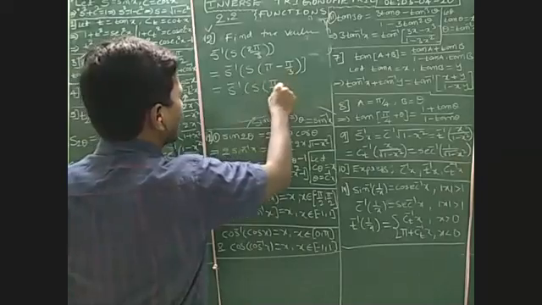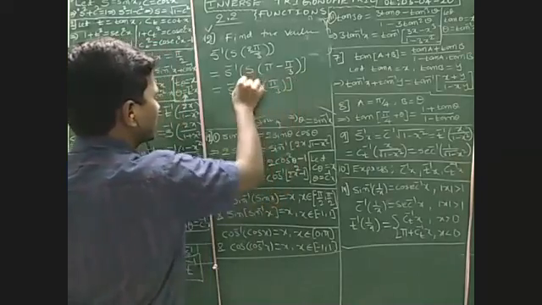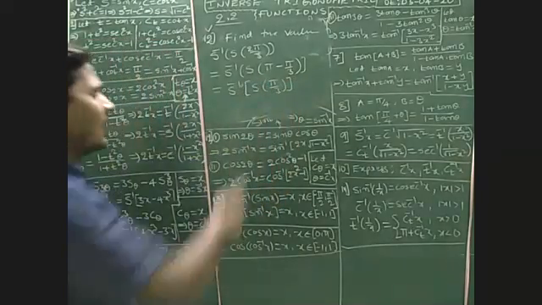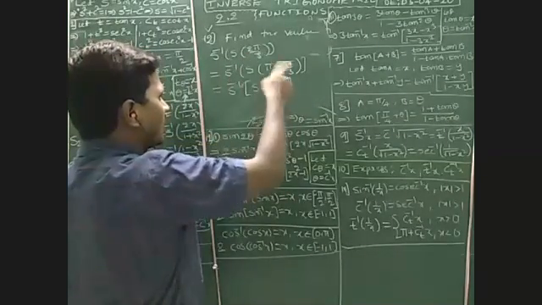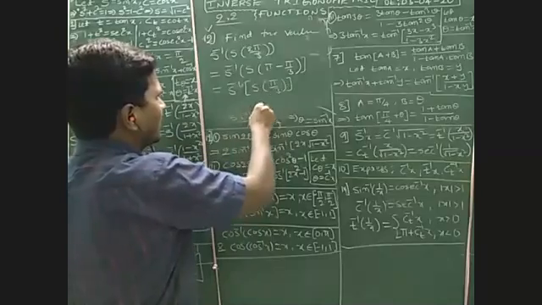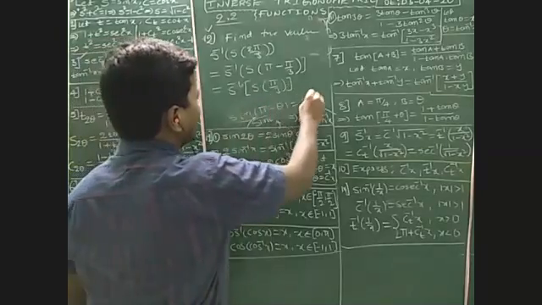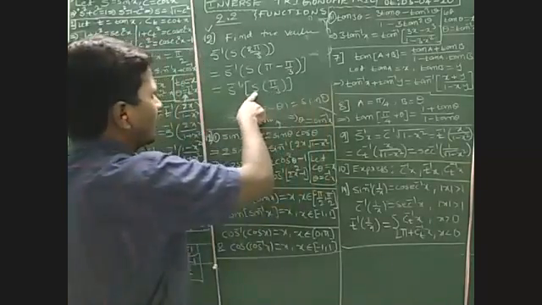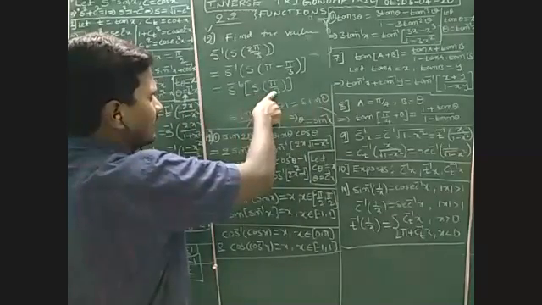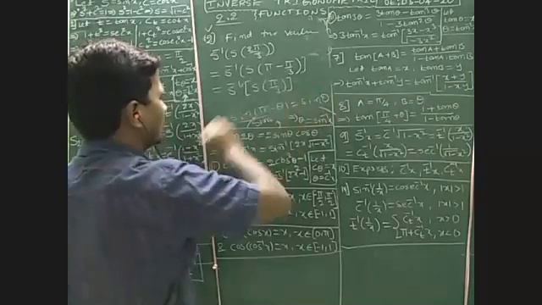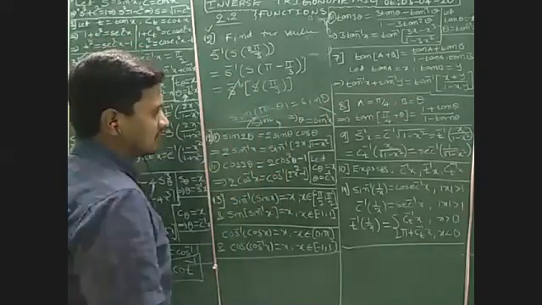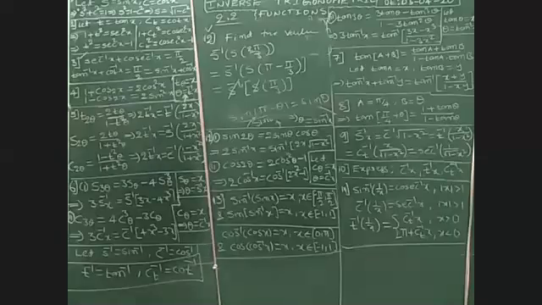Finally, we got pi by 3. Look at it: I wrote this 120 as 180 minus 60, I applied the formula sin 180 minus theta is sin theta only, and finally I got sin 60, where theta value is pi by 3. Now we can cancel. What is the value we got here?